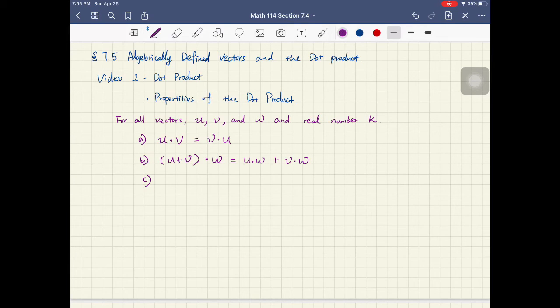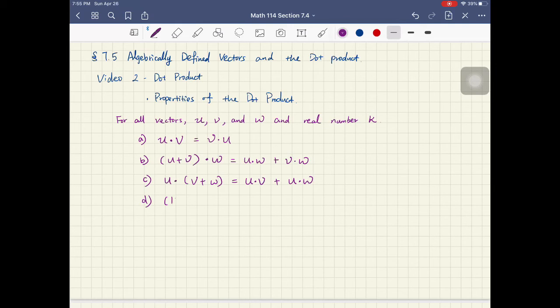The next one is if I switch the order: if I have u dot the sum of v and w, it follows the same pattern. We have u dot v plus u dot w. The next one is a multiplication between a vector and a scalar. In the earlier section, we talked about how I can multiply any number by a vector.